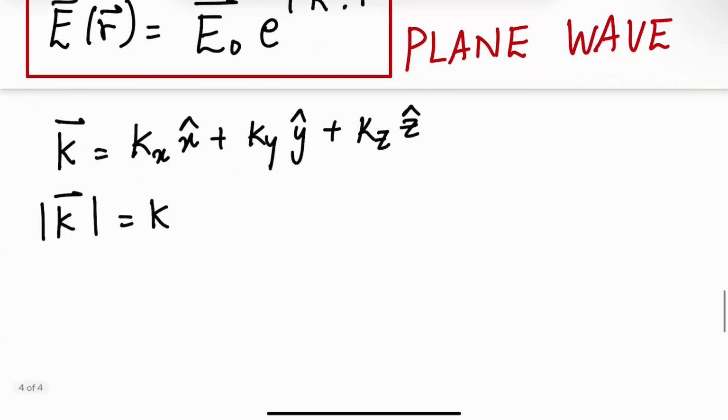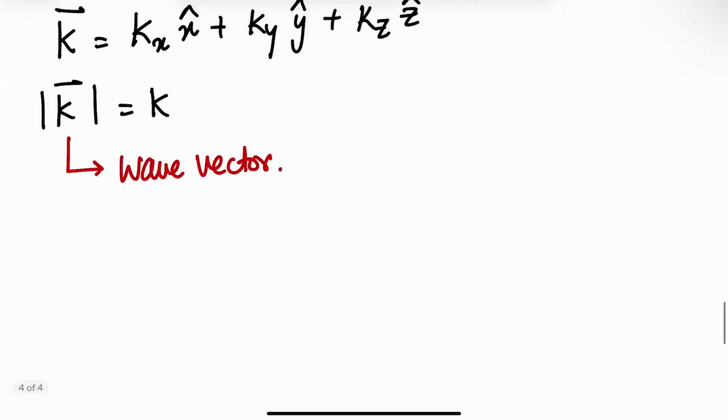So essentially we've generalized this k, which was 2 pi by lambda, into a k vector, right? Vector k, and that's called the wave vector. We'll see what this signifies, and so on and so forth. But this wave vector is associated with every plane wave.